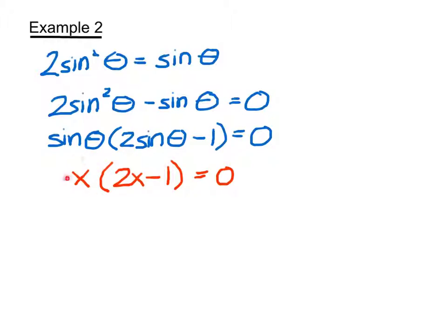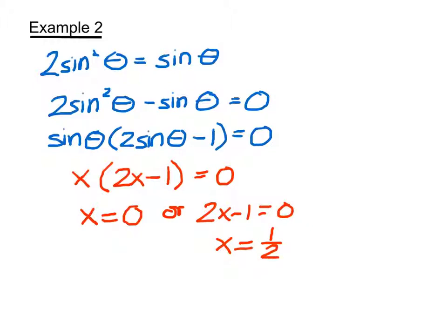Either this first term needs to be equal to 0, or the second term needs to be equal to 0. This is the product rule. One of these two terms has to equal 0 in order for this equation to be true. And in fact, we're going to solve both cases. X equals 0, or 2x minus 1 equals 0. Well, the first one's already solved for us, and with a little bit of algebra, the second one would be solved as x equals 1/2.